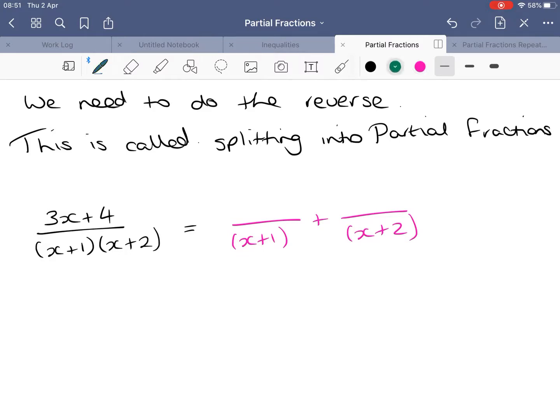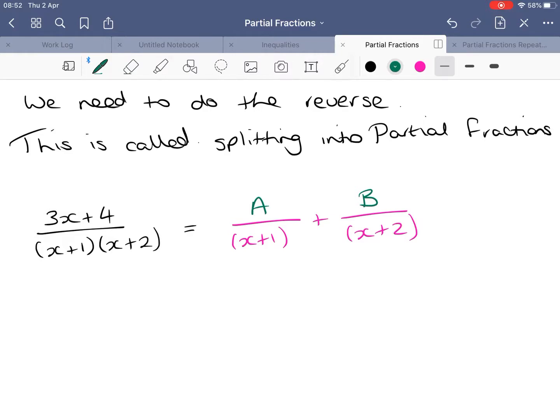So effectively, we've got to work out what value goes on the top of both these fractions so that when I combine them together, I get the fraction on the left-hand side. And the way we do this is we say, well, we don't know what those two values are at the minute, so I'm going to call them A and B.